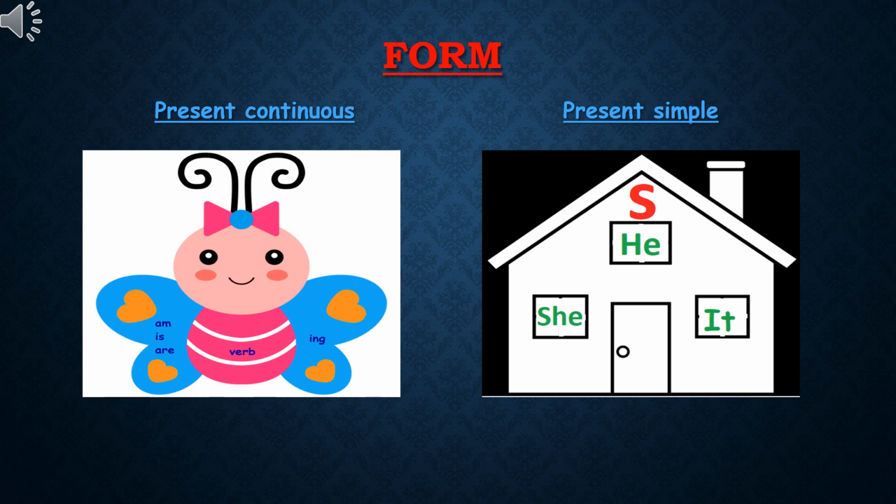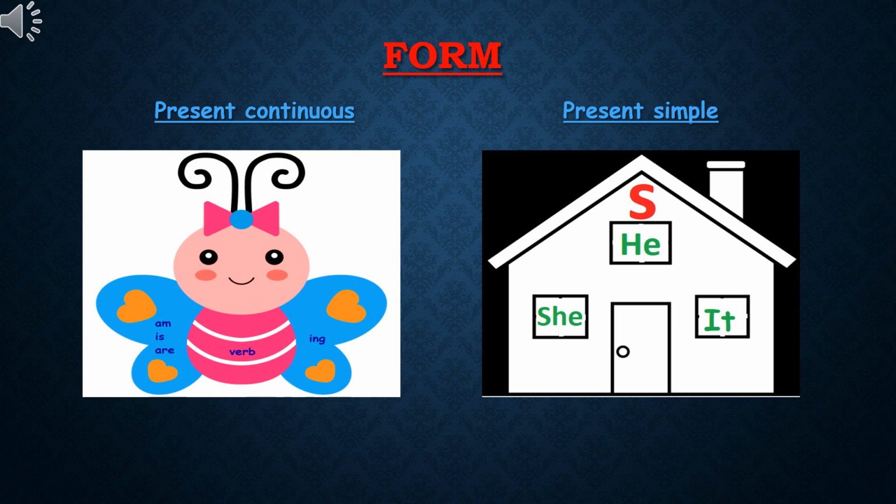The first point of comparison that we have today is the form. As for the present continuous tense, we all know it as Cookie the butterfly. Cookie the butterfly has three parts. What are they? The first part, am or is or are, or as we all call it, verb to be.